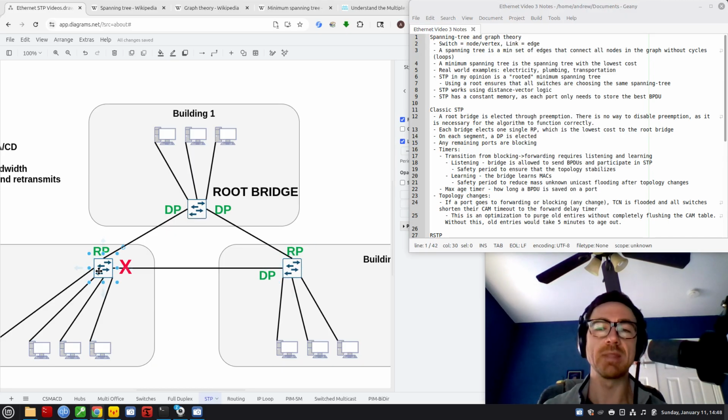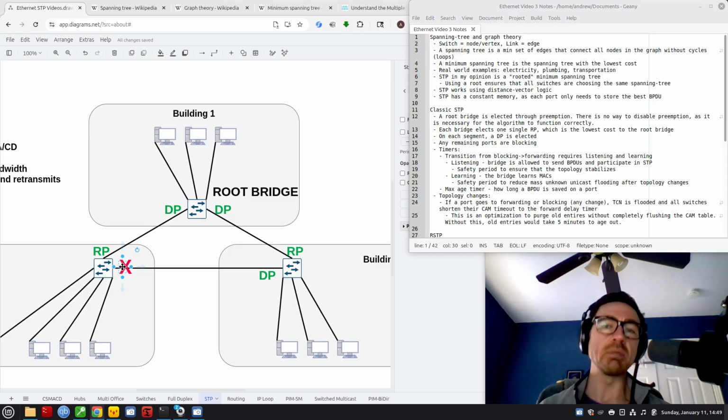No, it's an algorithm that runs on every bridge individually, where this bridge says, I see that this bridge has the lower bridge ID, so it's going to elect itself as the designated port on the segment, so I'm going to have to block this port. Through these steps, eventually we have a spanning tree topology, where even though this port is forwarding, the link isn't operational because this switch is blocking on that port on that segment.